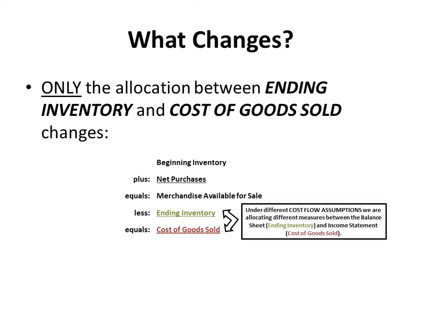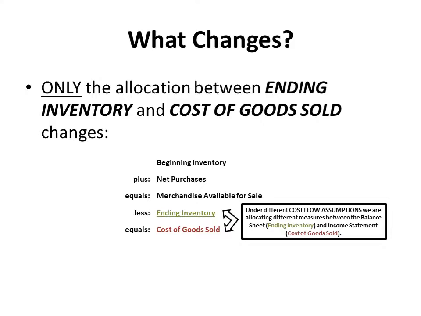So, the only thing that changes under the different cost flow assumptions is the allocation between a balance sheet account called ending inventory and an income statement account called cost of goods sold. And I've placed this in the framework that you're very comfortable with, probably, at this point in time.